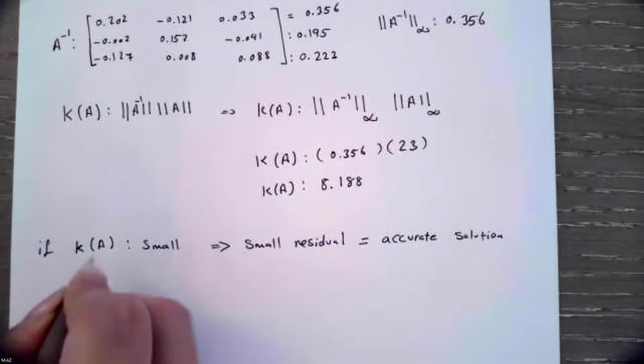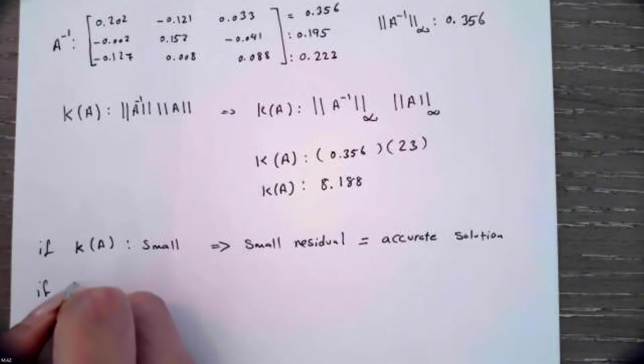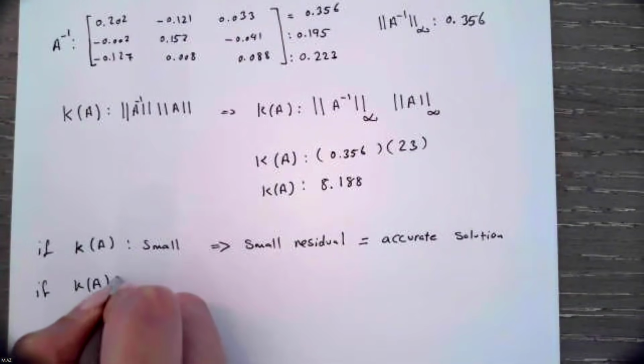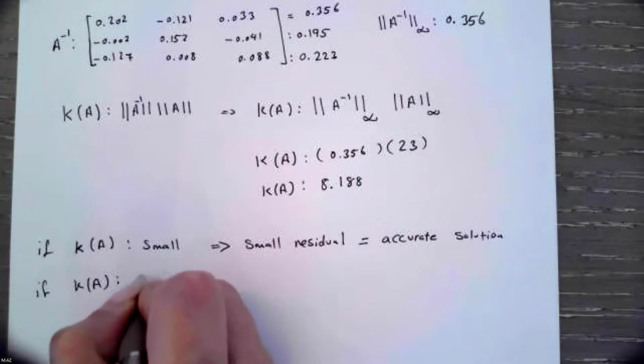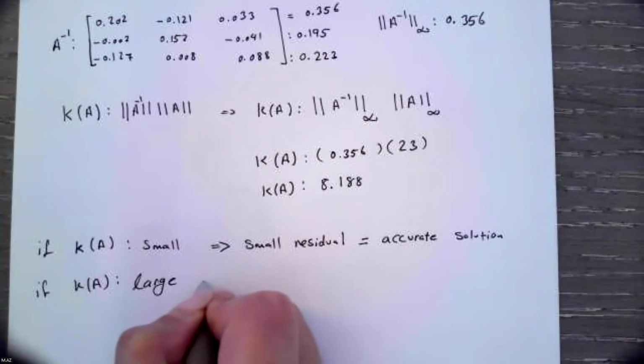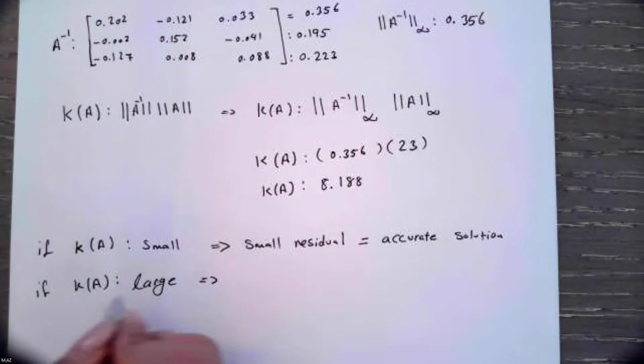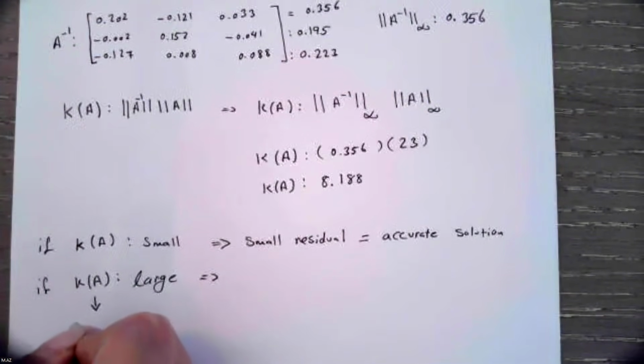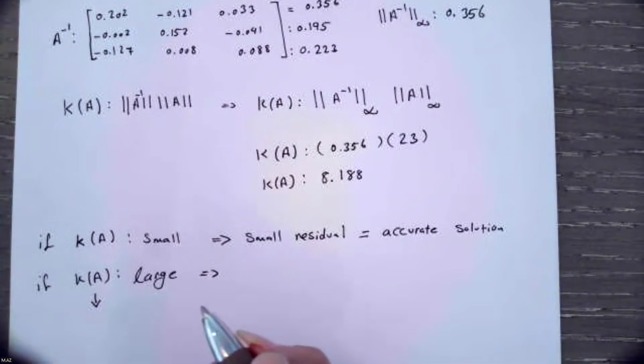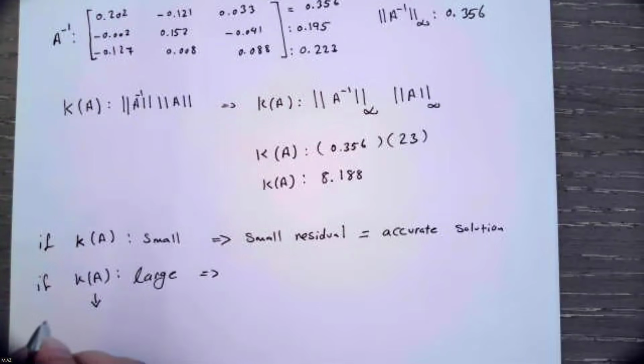But if the conditioning number is large, then the system, the matrix A or the right-hand side of the equations, is sensitive to input error.